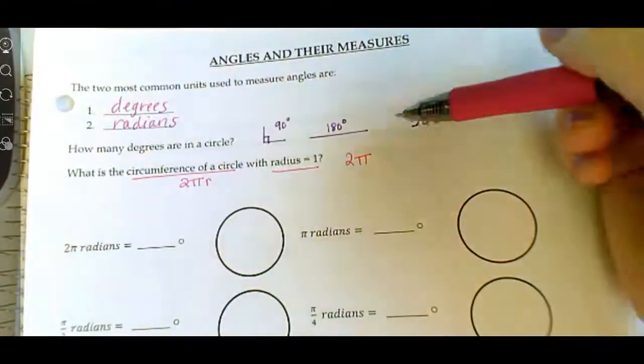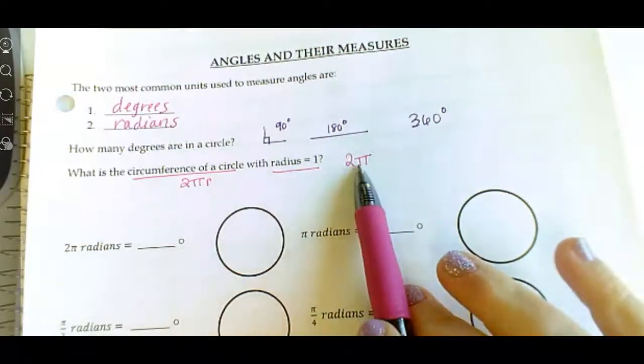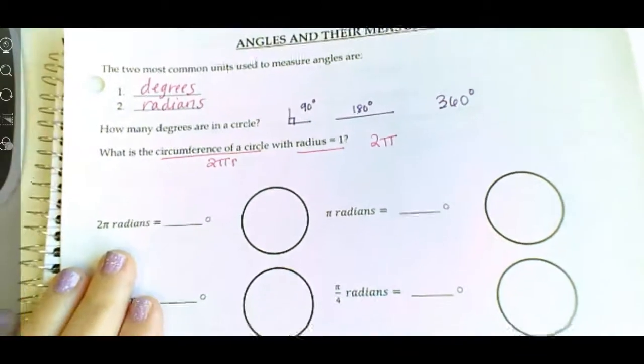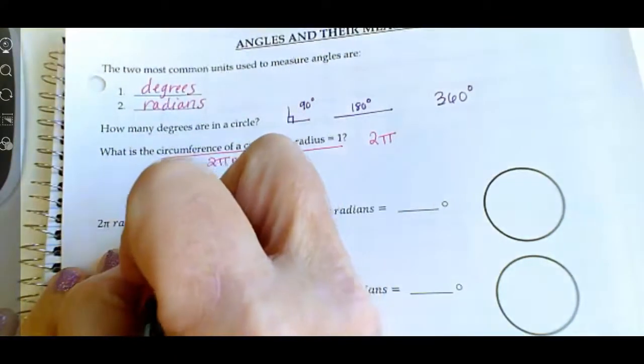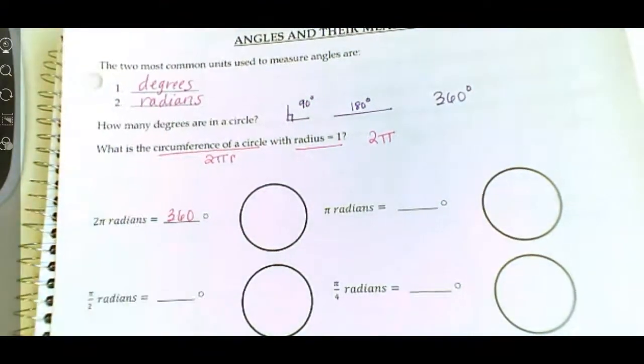Okay? So 360 is the degrees all the way around the circle. 2 pi is all the way around the circle. Now related to circumference, what that means is that 2 pi radians is 360 degrees. And that's really, really important to know. Okay?